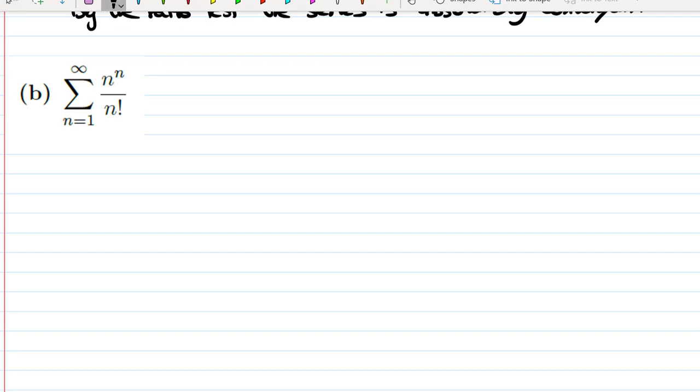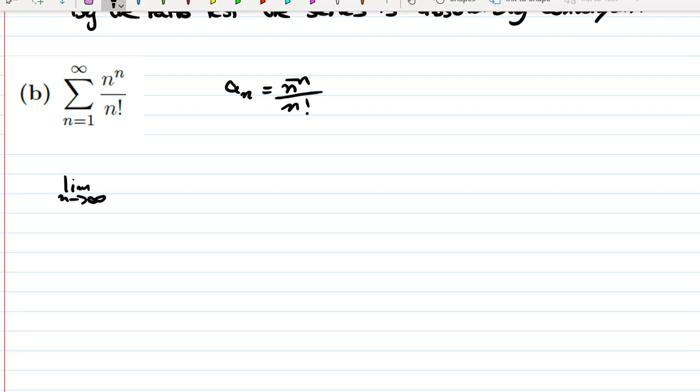So we're going to try the ratio test again. We have a_n is n^n all over n factorial. So we take the limit as n goes to infinity, and both of those are always positive, so I'm not going to put on the absolute values.